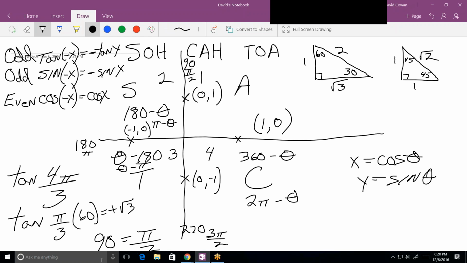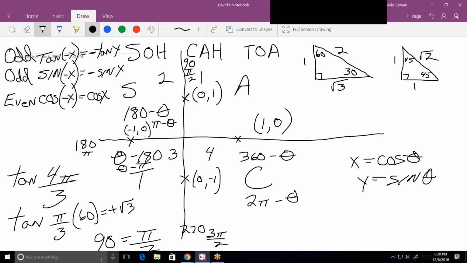There you go. Now you can do any angle, whether it's in degrees or radians. Whether it's positive or negative, whether it's greater than 360 or not. And it's all done by memorizing stuff in groups of 3 and 4, not in groups of 16.